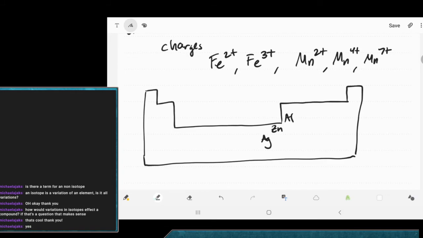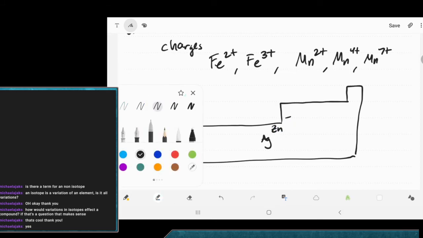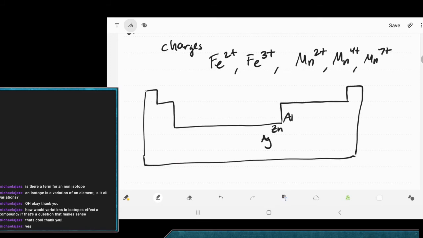One way people like to remember this: you have those 3 elements forming this diagonal line here. You might say, aha, 3, 2, 1. Going diagonally down, aluminum is 3+, zinc is 2+, silver is 1+.